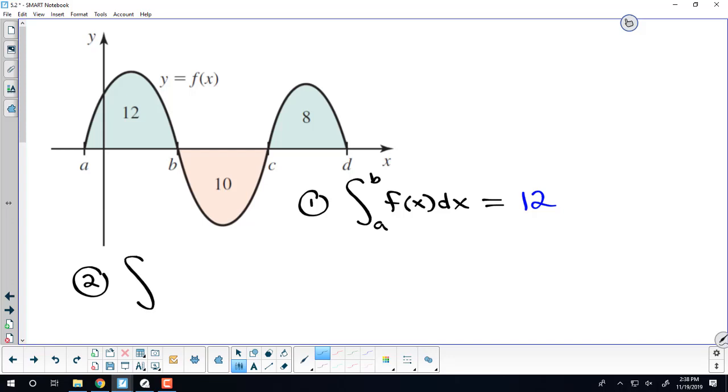What about the integral from b to c? Is it negative 10? Negative 10, because it's below the x-axis, right? Negative 10.